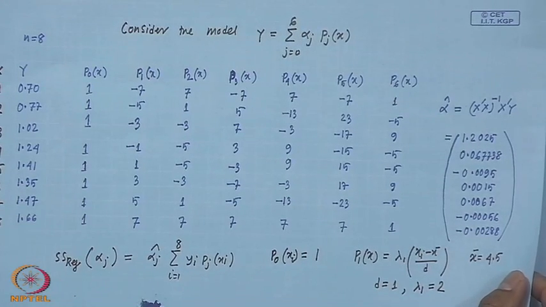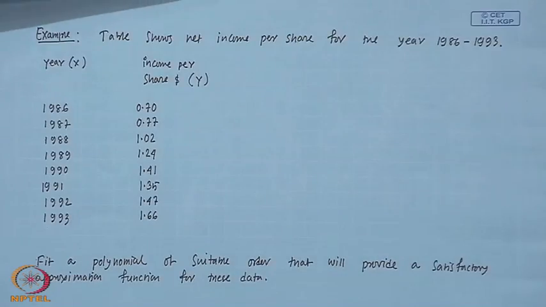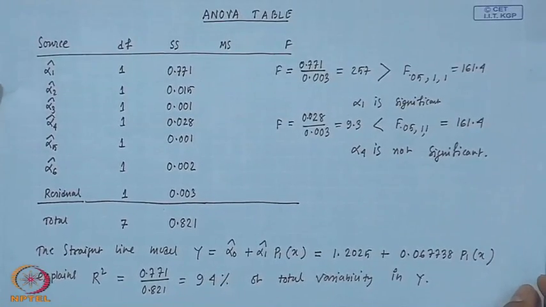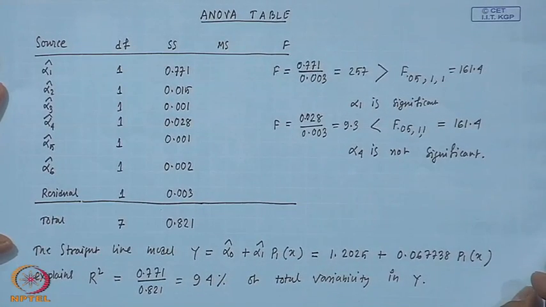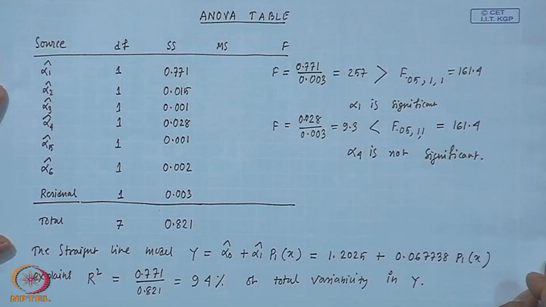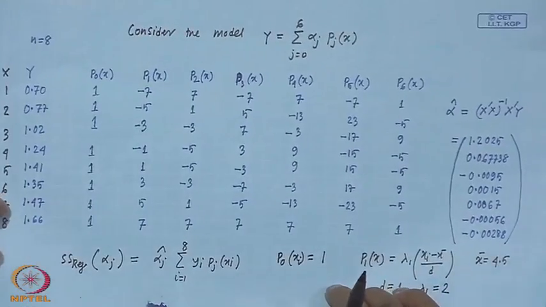Now, what we will do is make the ANOVA table for the given data. We have to compute SS regression for, say, alpha 1.